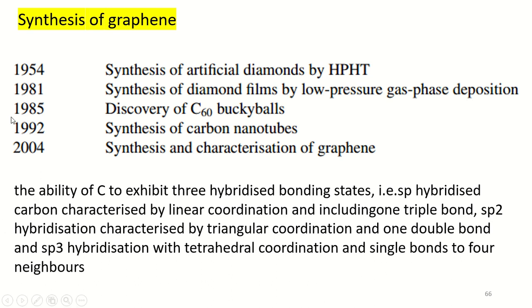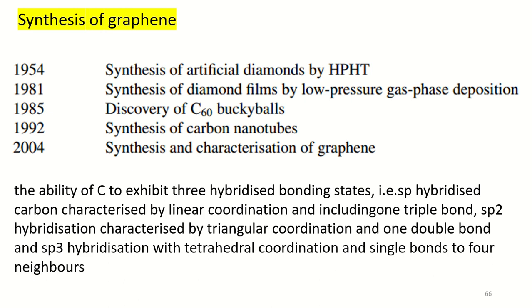As we can see, in 1954, the synthesis of artificial diamonds by HPHT, while in 1981, synthesis of diamond films by low pressure gas phase deposition.